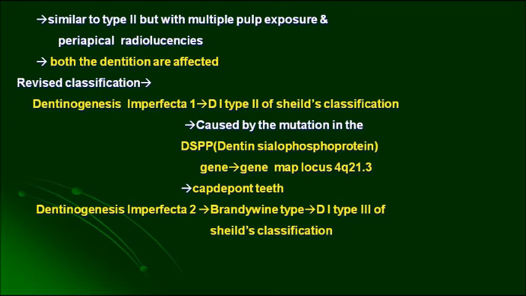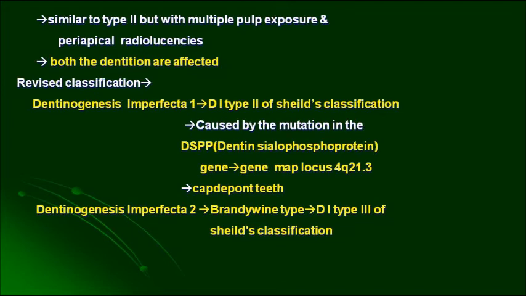In the revised classification, type 1 is actually type 2 of Shield classification, the one which affects both the deciduous and the permanent teeth. So that belongs to dentinogenesis imperfecta type 1 in the revised classification. And the second type is actually type 3 of the Shield classification, the Brandywine type. So the Brandywine type belongs to type 2 in the revised classification.